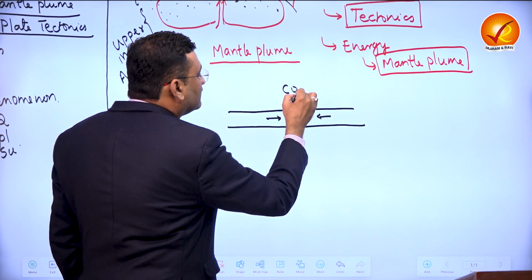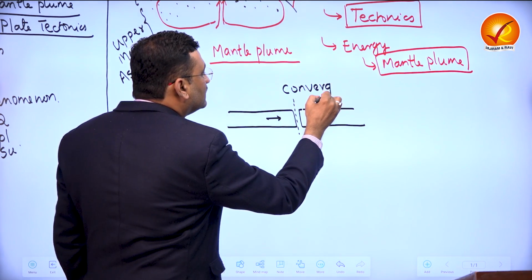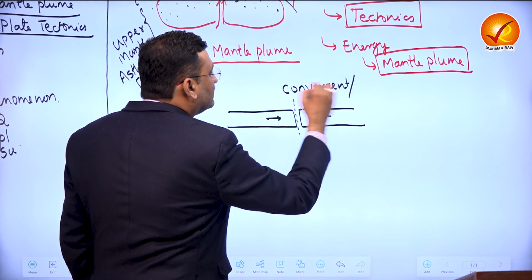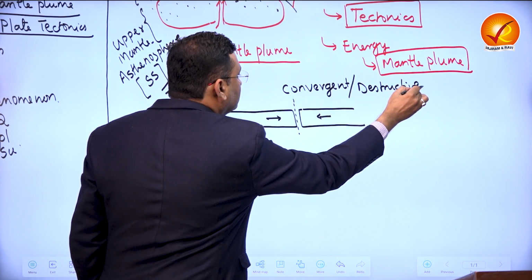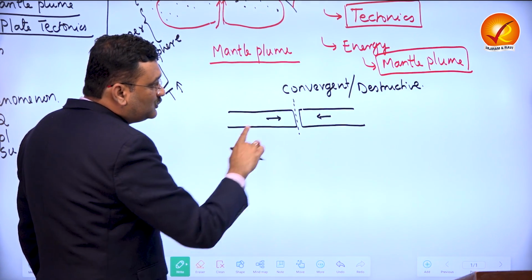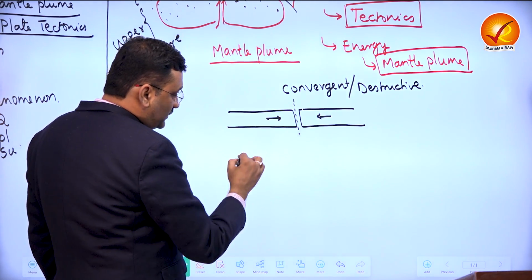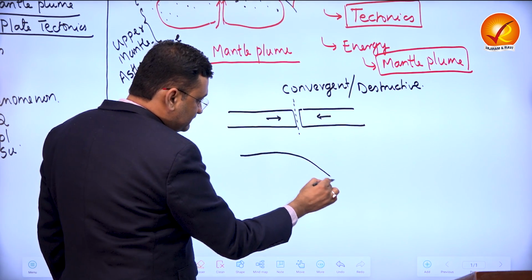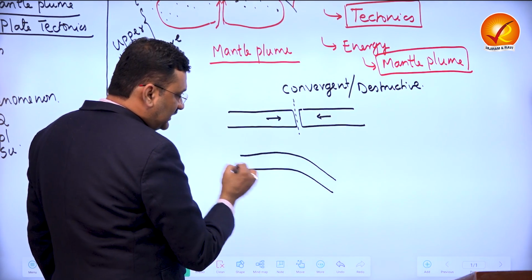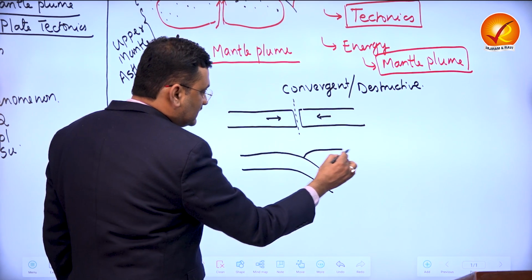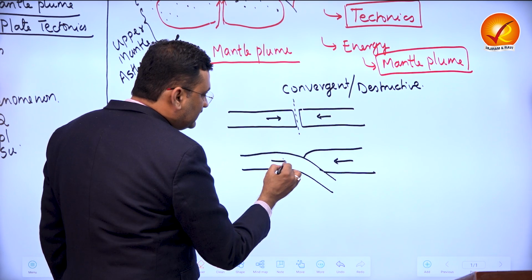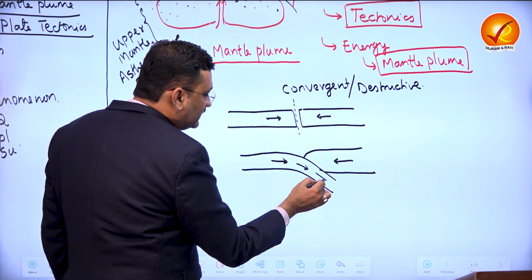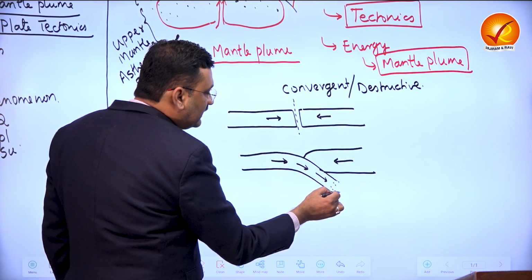This will be referred to as a convergent boundary, or a destructive boundary. When the two plates interact in this way, one plate is going to subduct. This is the subduction of the plate, and the subducting plate will enter the asthenosphere and melt.